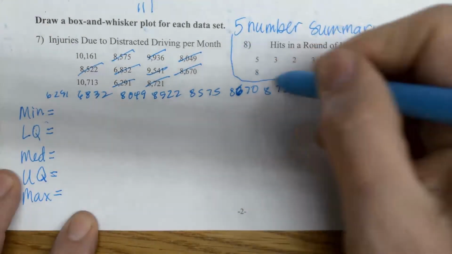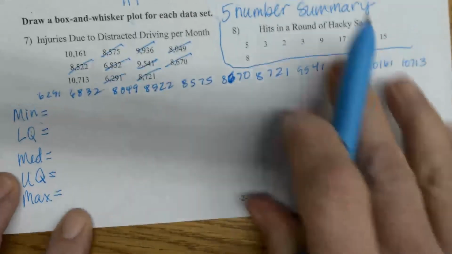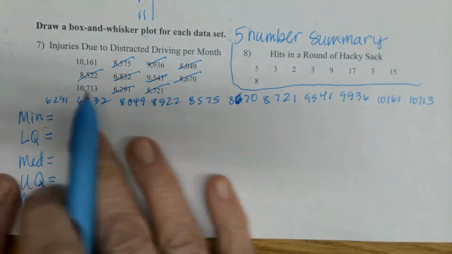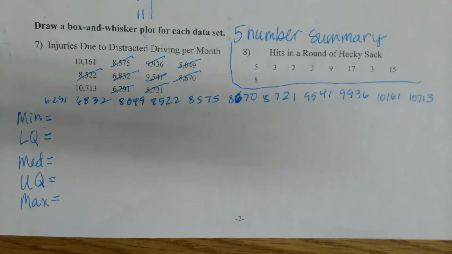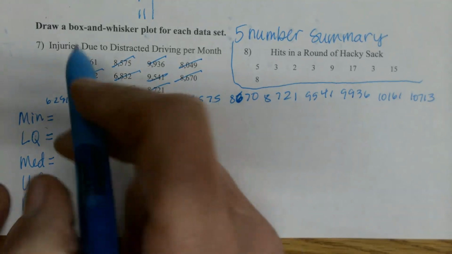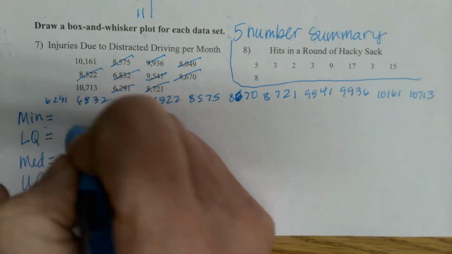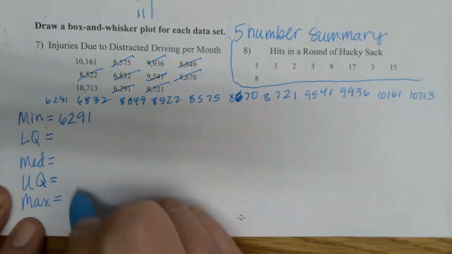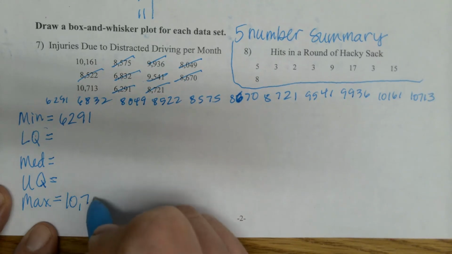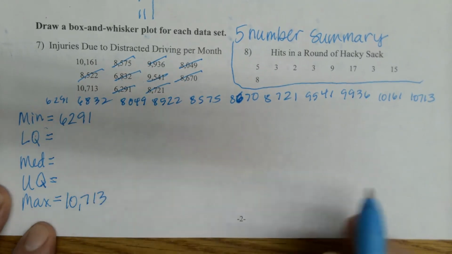Sorry about this, blocking number 8. You're going to do 8 on your own, okay? So maybe don't write this on your paper, just follow along and remember what we're doing. The minimum number is really easy to find. That one is 6,291, the smallest. The maximum is really easy to find too, so if you can't do anything else, you should be able to do those two.